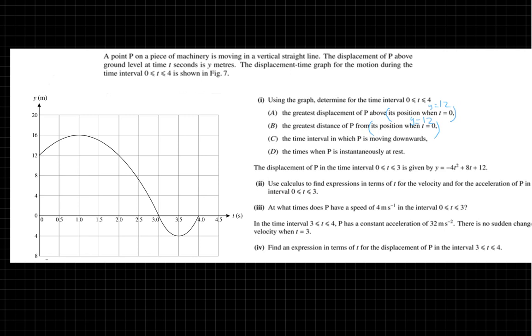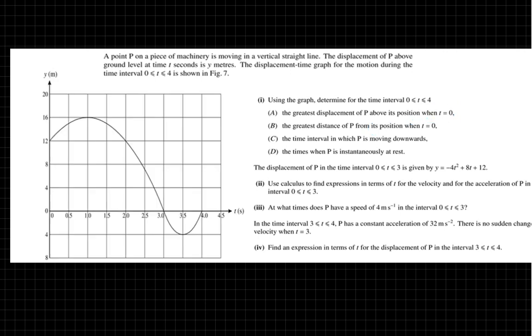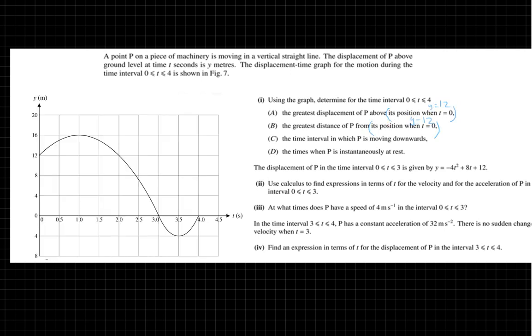So have a go at this question. Hopefully not too difficult. And I think I've just cut off a little bit here slightly on the right hand side. This wording here, it says there is no sudden change of velocity. So let me just write that on actually.